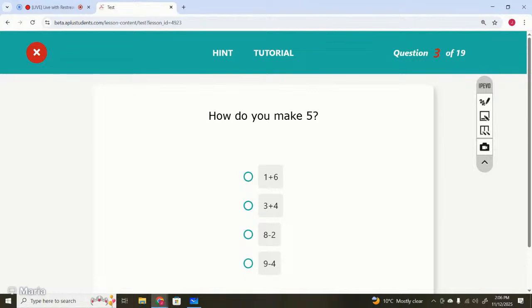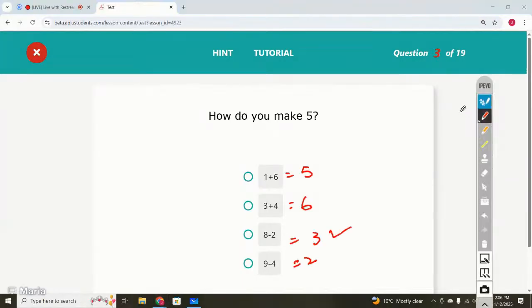How do you make 5? Let's see which one makes 5. 1 plus 6 is 7. 3 plus 4 is 7. 8 minus 2 is 6.